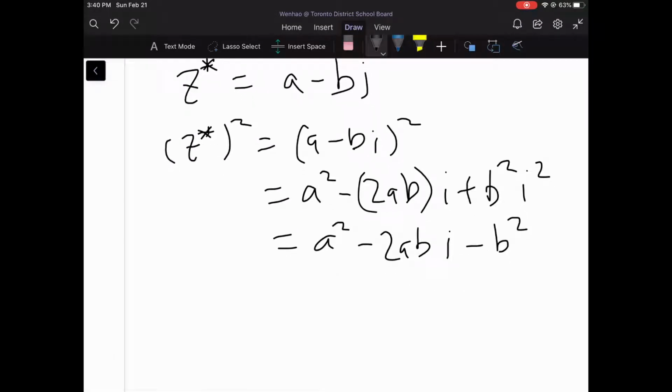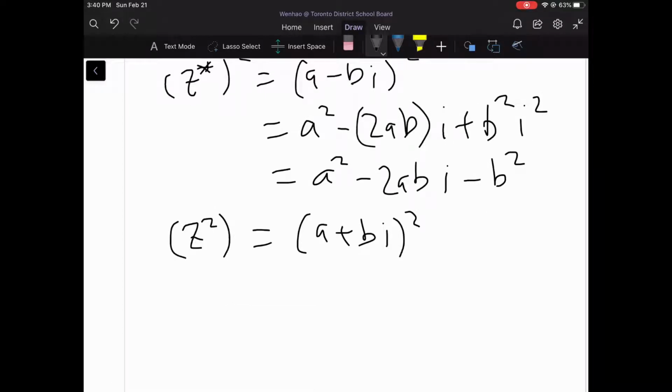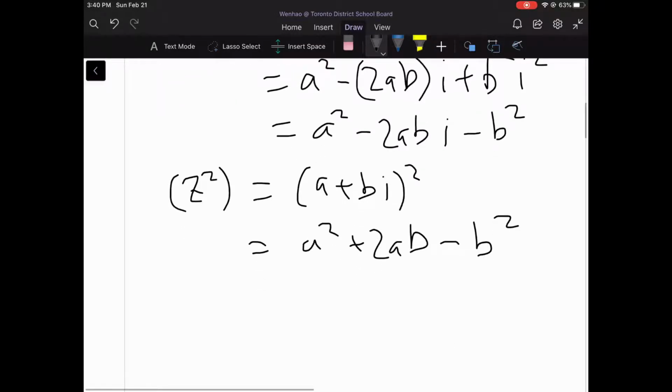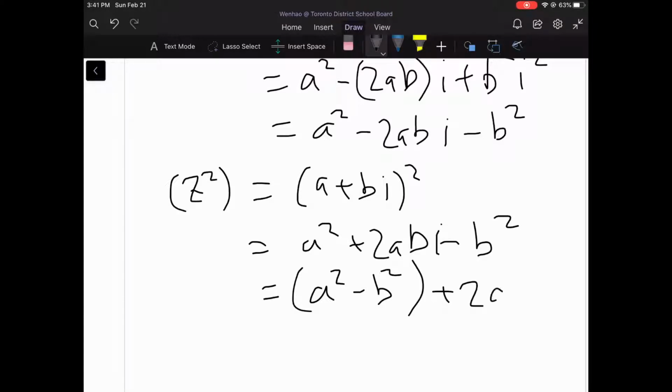So z squared is equal to a plus bi squared, and it's pretty much similar to the top, except it's a squared plus 2abi minus b squared. So let's rearrange a bit into real and imaginary. This is a squared minus b squared, and that is the real part, and then we add 2ab, that is the imaginary part.